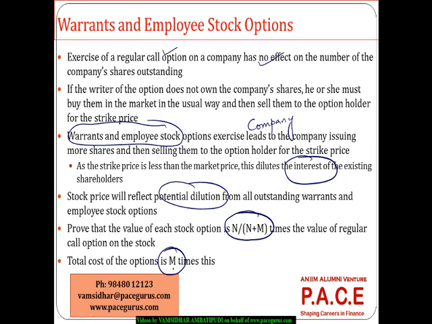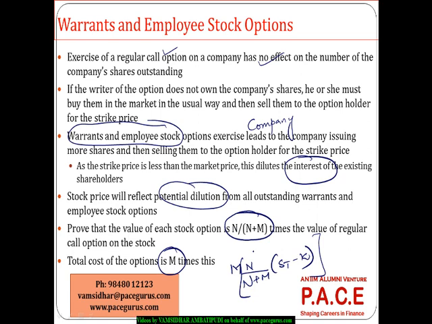So M times N by (N plus M) times (ST minus K) is going to be the cost to the company. And because of this cost, the share price is expected to go down by this amount just because of the new issue of these options.